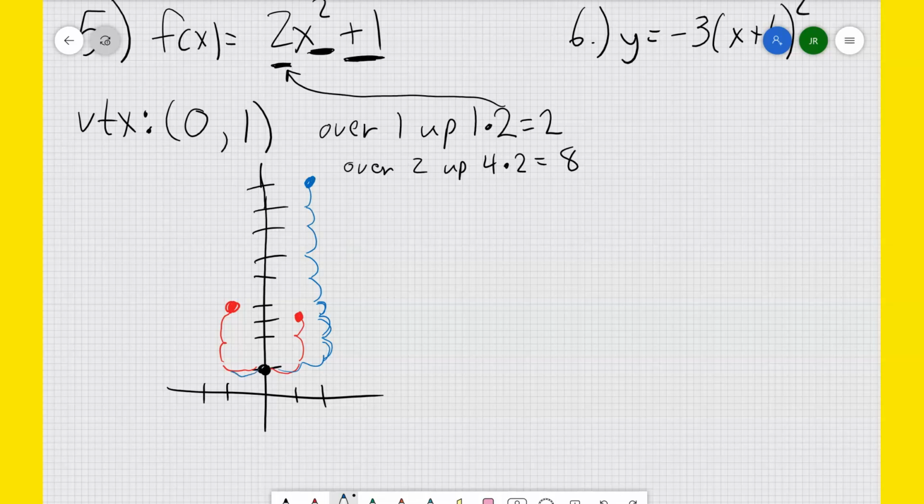Same thing on the left. Over 2, up 8, 1, 2, 3, 4, 5, 6, 7, 8. It's always symmetrical about that vertex, by the way. Whatever you do on the right side of the vertex, you do the same thing on the left side of the vertex.